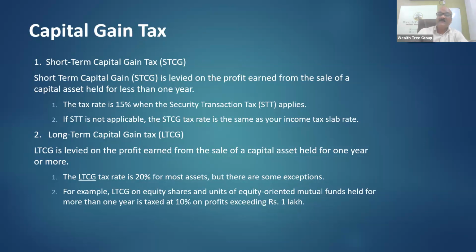A 1 lakh exemption is available for long-term capital gains tax. Whatever income you get above 1 lakh is taxable at the rate of 10% when it comes to the stock markets.